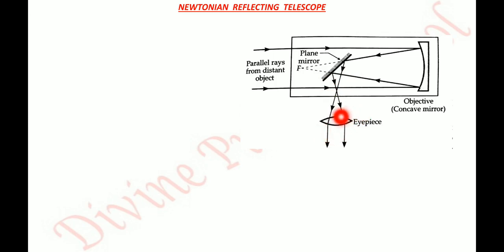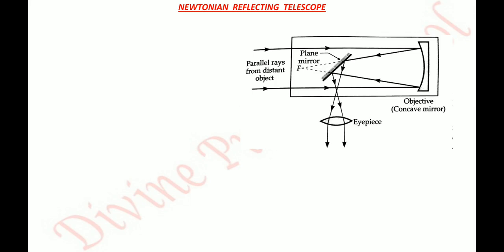The eyepiece is so adjusted that when the ray goes through the eyepiece, it becomes parallel to the principal axis of the eyepiece. So now the final image is formed at infinity somewhere this side. This image is viewed from here. So this is the Newtonian reflecting telescope. The difference is that this objective is a concave mirror. It is not a lens.